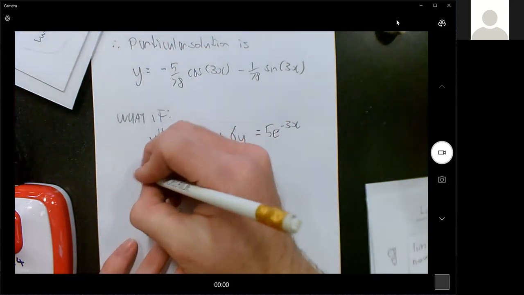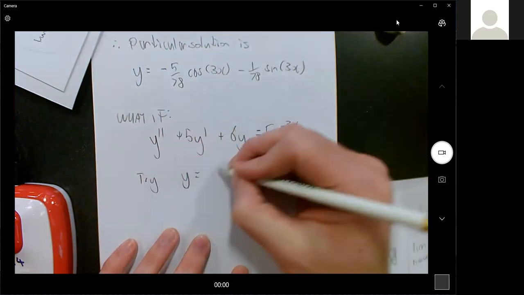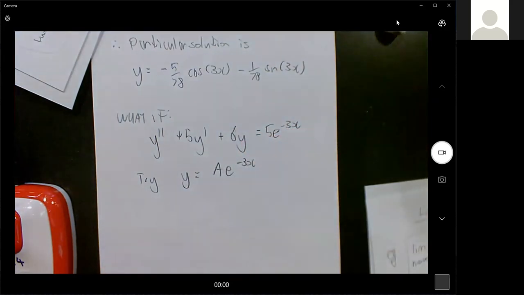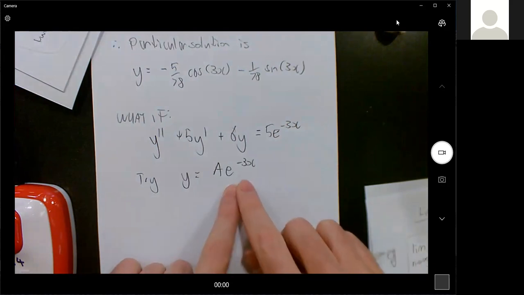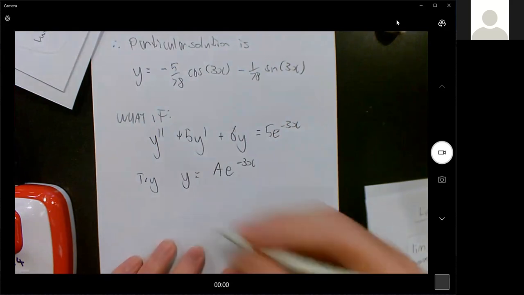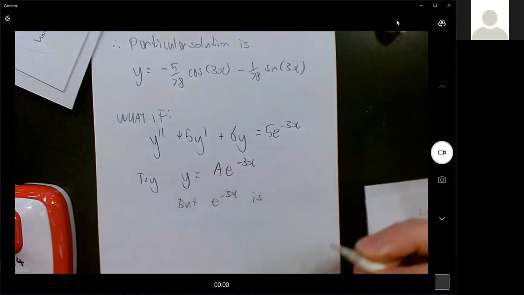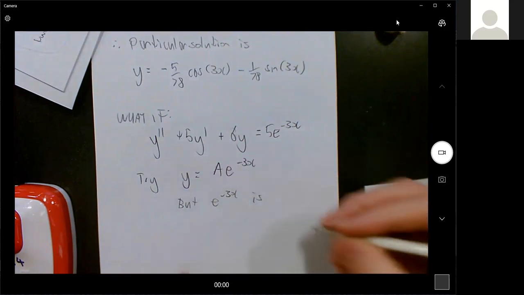I would have tried some other number times e to the minus 3x, except e to the minus 3x is in the homogeneous solution.